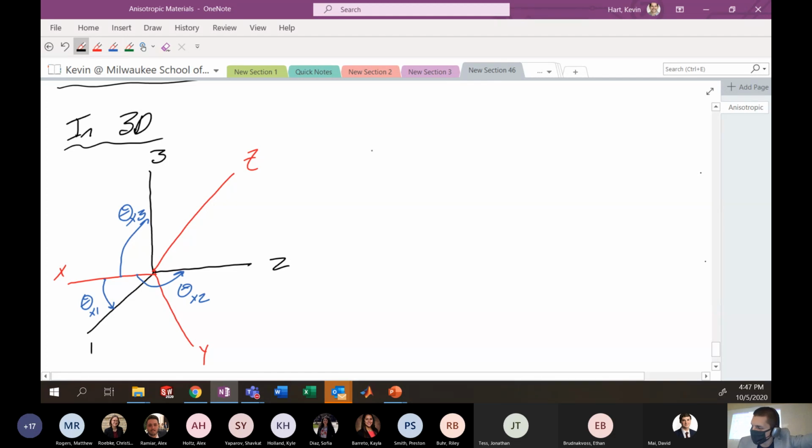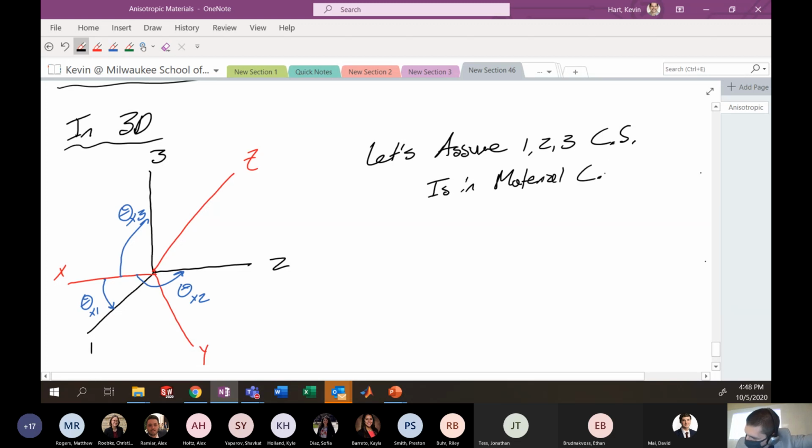Okay, so let's assume the 1, 2, 3 coordinate system is the material coordinate system. What do I mean by that? Well, usually the 1 direction is the direction of the fibers, so we'll assume 1, 2, 3 is our normal definition.